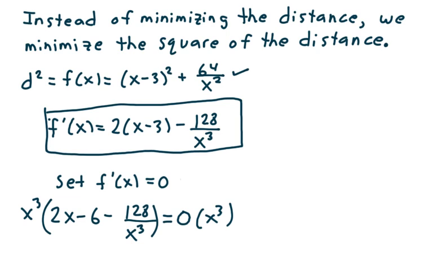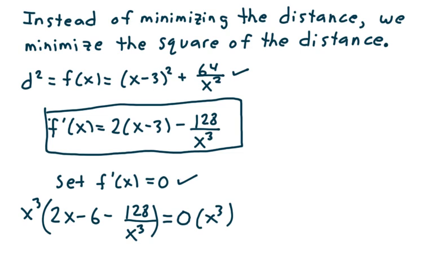So d squared, which we'll call f of x, is equal to (x minus 3) squared plus 64 over x squared. If I take the derivative, we get f prime of x is equal to 2 times (x minus 3) minus 128 over x cubed. Set f prime of x equal to 0. And so we get 2x minus 6 minus 128 over x cubed equal to 0.